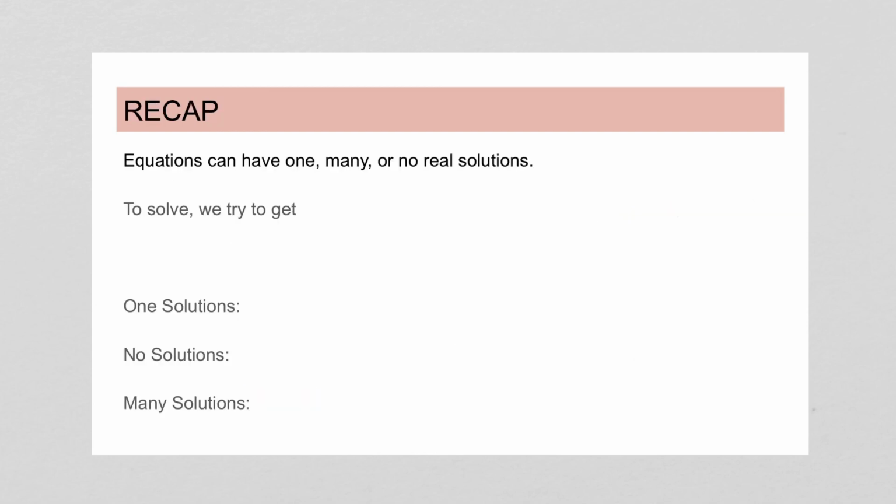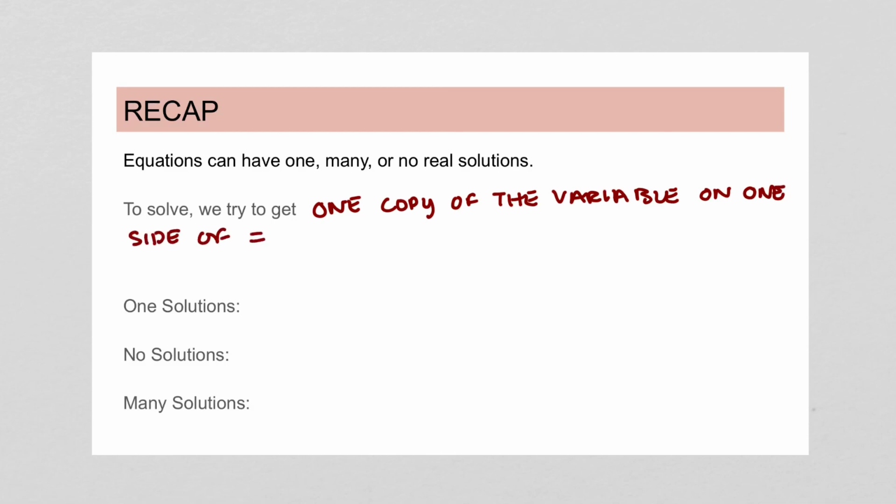Okay, so let's kind of recap all this and put it together nice, neat, and pretty. We know that equations can have one, many, or no real solutions. And to solve, what we want to do is we want to try to get one copy of the variable. We talked a lot about it being x, but it could be anything. But what we want is one copy of it on one side of the equal sign.